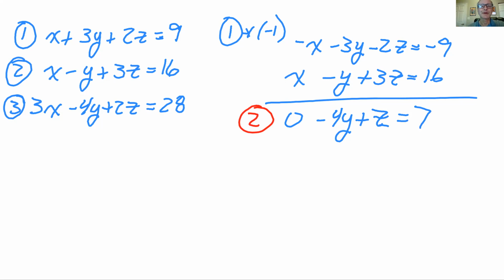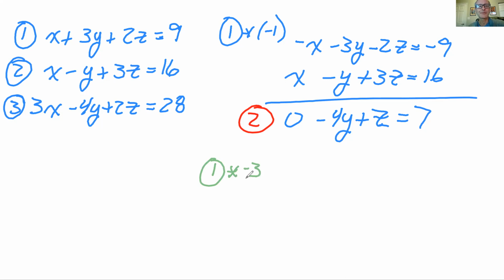So what's the next strategy? Well, the next strategy now is to get rid of the X variable in equation 3, again using equation 1. So what do we want to do in this case? Let's do this one in green. We multiply equation 1 by the number -3.